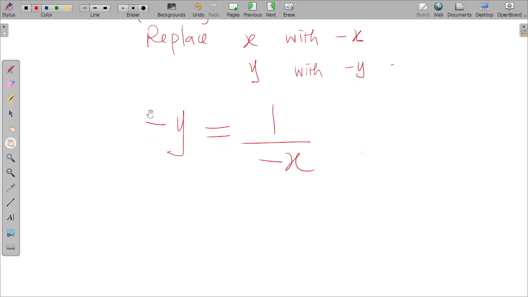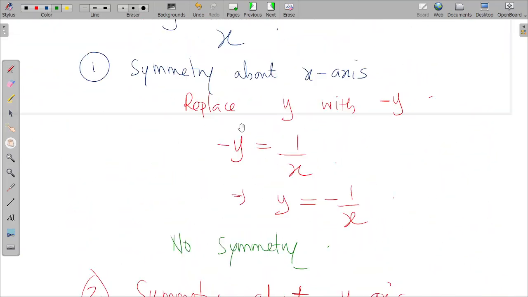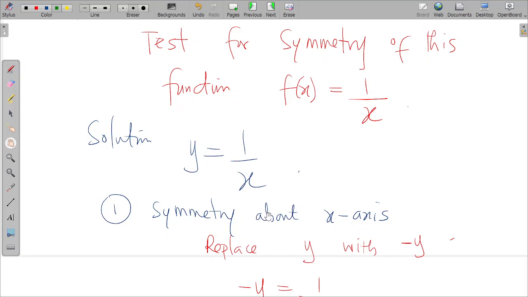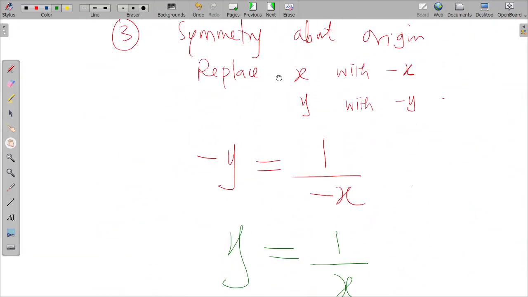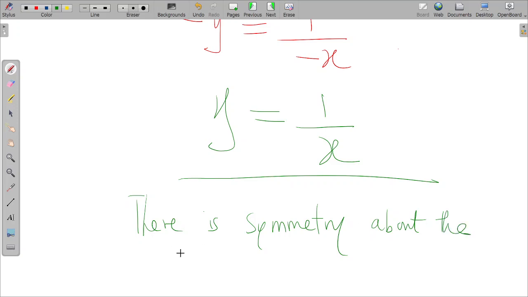Multiplying both sides by negative, we have y equals 1 over x, and that is the original equation given to us. So we see there is symmetry about the origin.